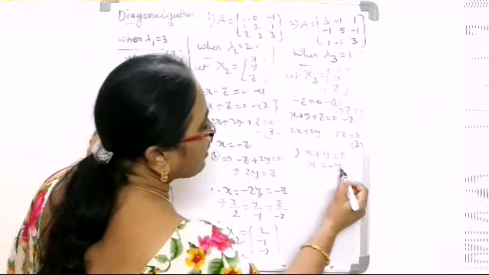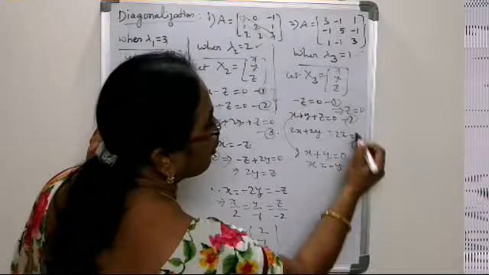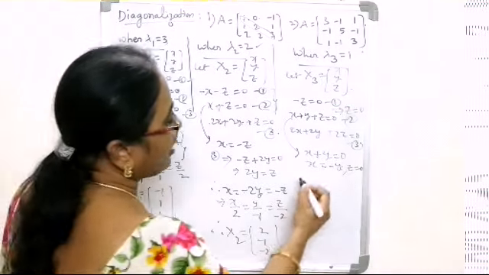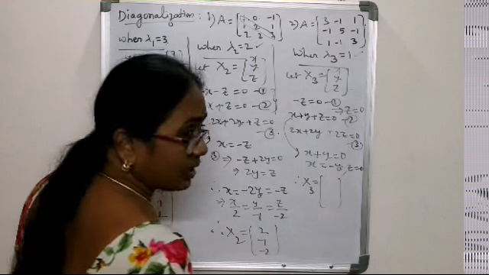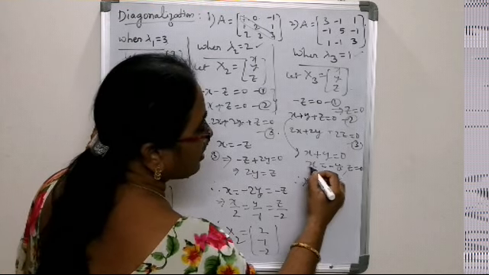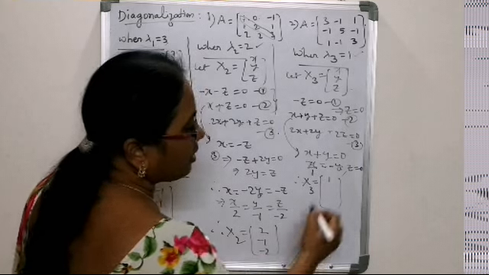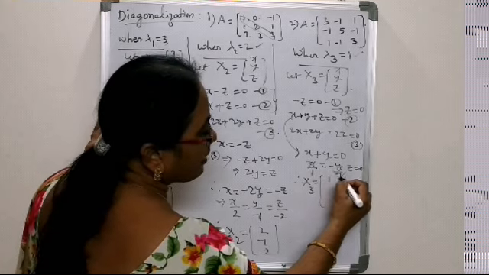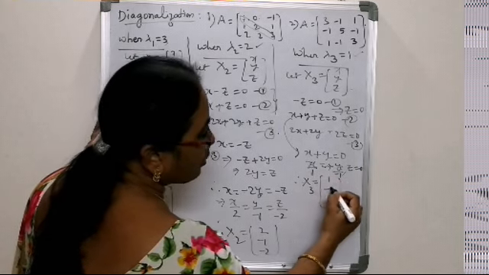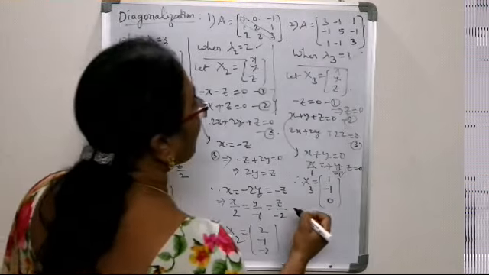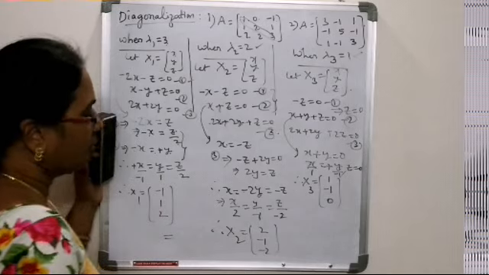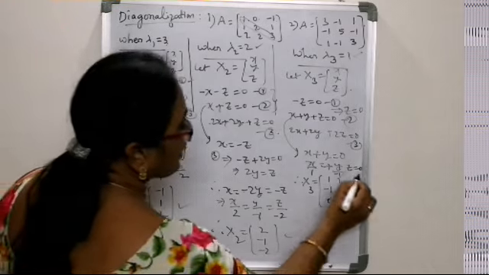Because x equal to minus y and already z equal to 0 from the first equation, we can conclude, corresponding to the third eigenvector, that x is 1, and minus y can be written y by minus 1. So we have y equal to minus 1, and already z equal to 0. This is how we calculate the 3 eigenvectors corresponding to the 3 eigenvalues.